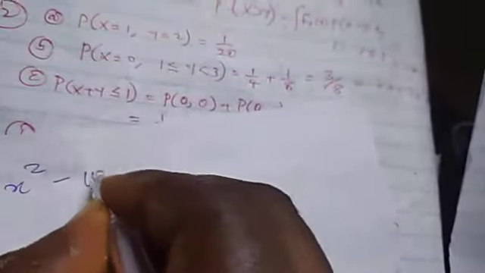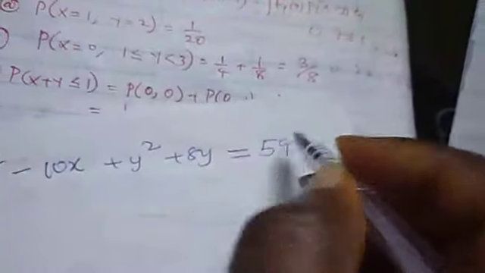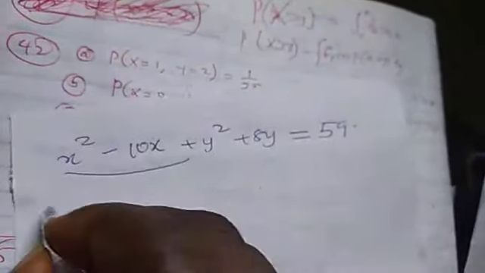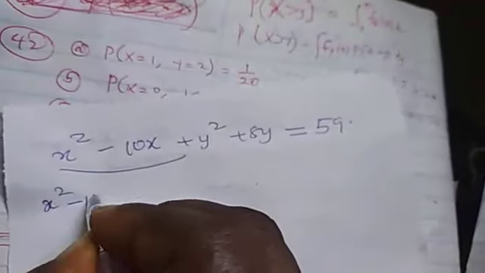Now, another way by which we can solve this: we are given x squared plus y squared minus 10x plus 8y minus 59 equals 0. So we need to write out x separately and y separately. Then we take the constant, 59, to the other side. From this place, we have x squared minus 10x.